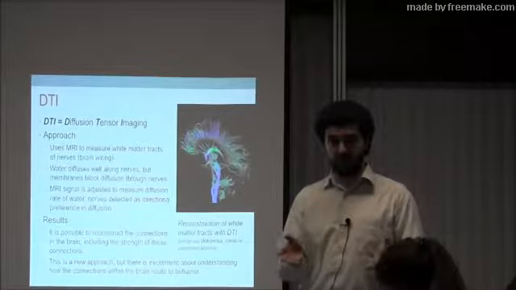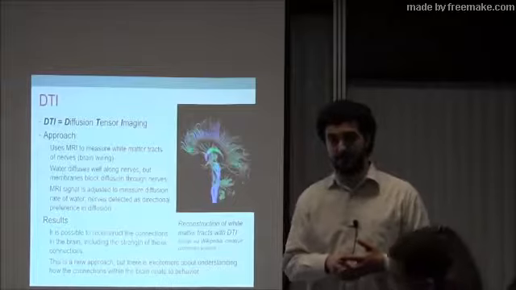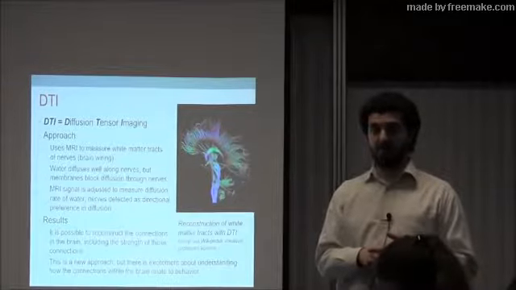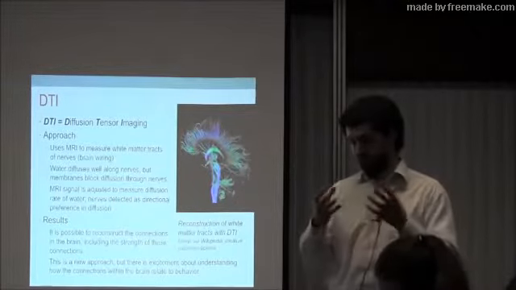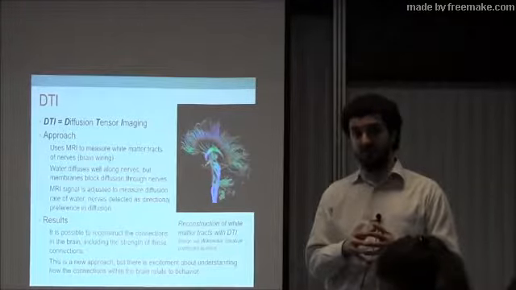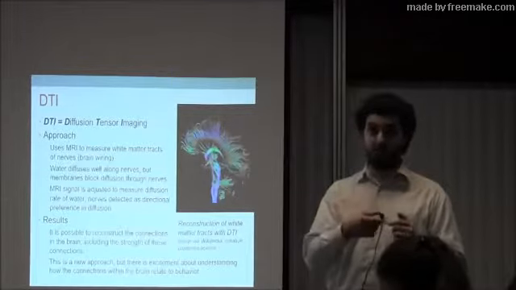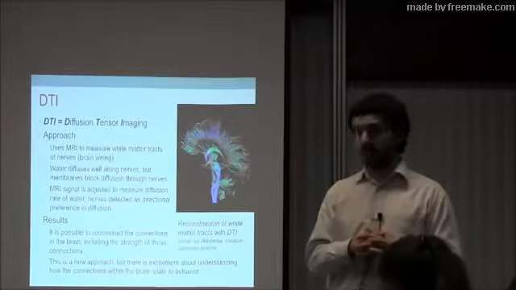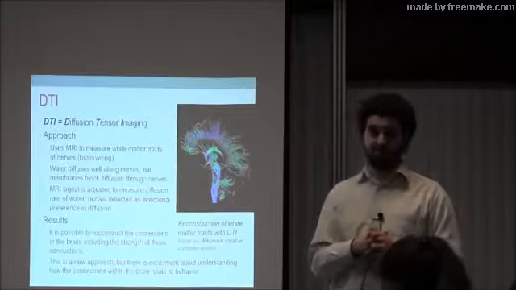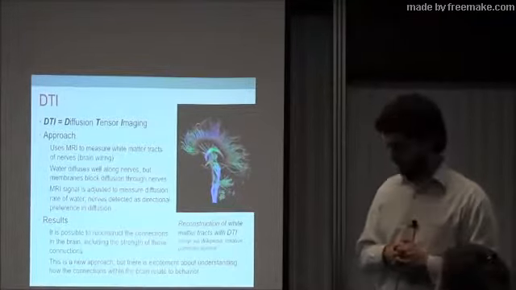For example, one disorder is called MS, multiple sclerosis. What happens in this disorder is that the body attacks the myelin sheath that insulates neurons in the central nervous system. So using DTI you can detect exactly where the deficits are and know how to respond.